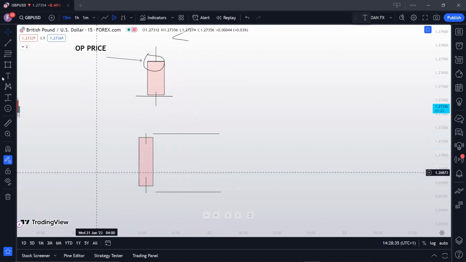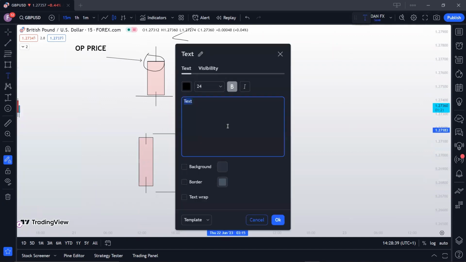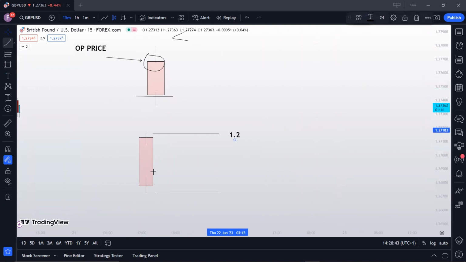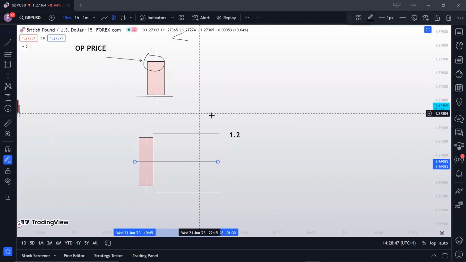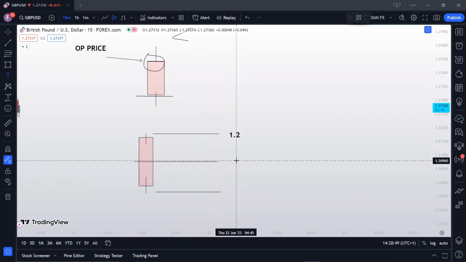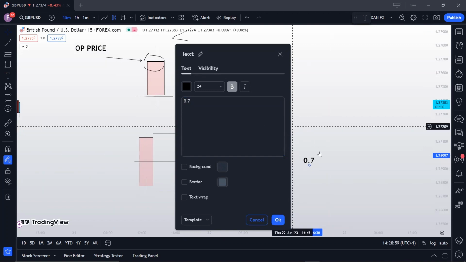Let's say this top price point is 1.2, the middle is 1.0, and the bottom is maybe 0.7.